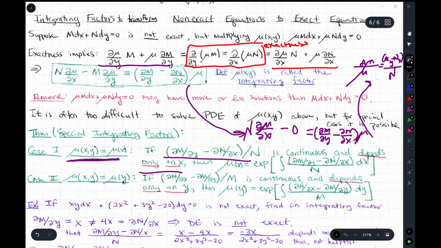And if you solve that separable equation, you get this expression here.